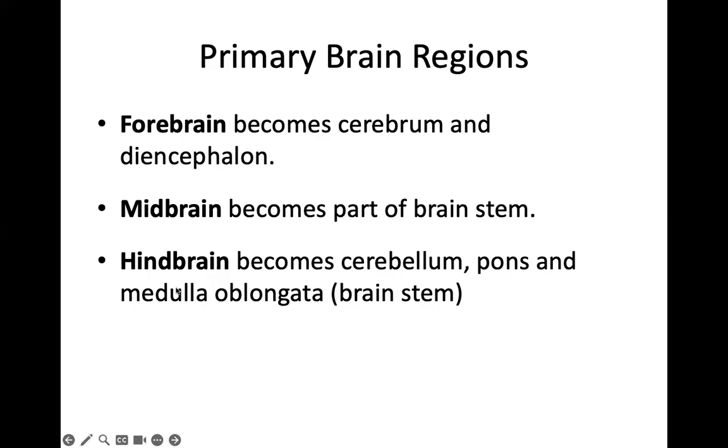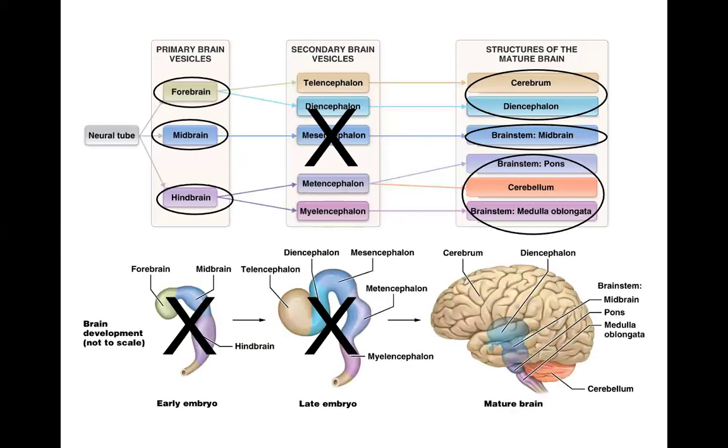So three main regions: forebrain, midbrain, and hindbrain. And this is how it developed. We don't need this in detail. Just have a look at how the brain looked from the early embryo stage, and then it developed into a full mature brain before the baby is born.